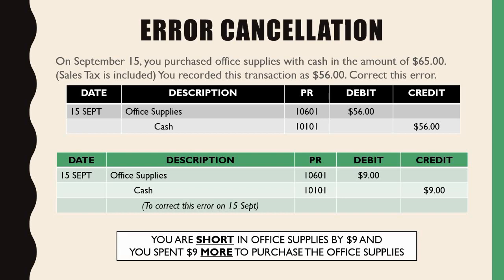So if we want to switch, we shouldn't switch the method in the middle of the accounting period. For this one, because it's a correcting journal entry, it doesn't matter which method you use. This one does not really affect your accounting period because you're just fixing the journal entry.